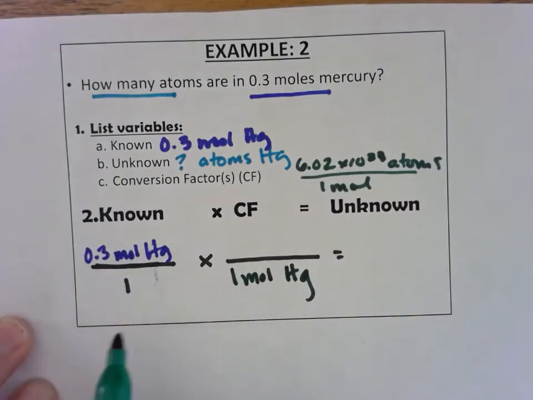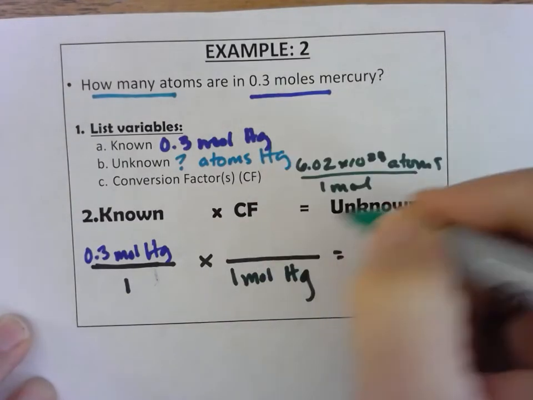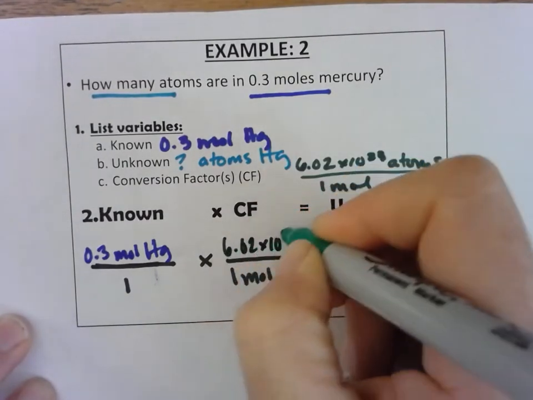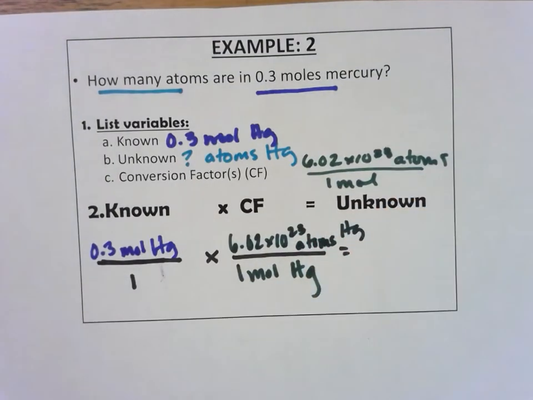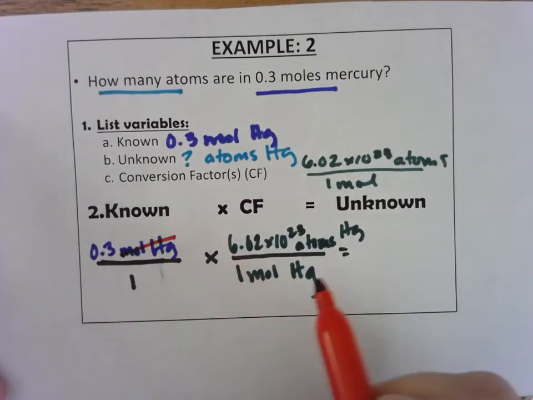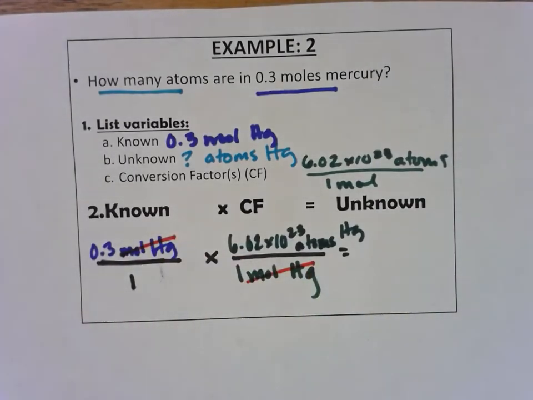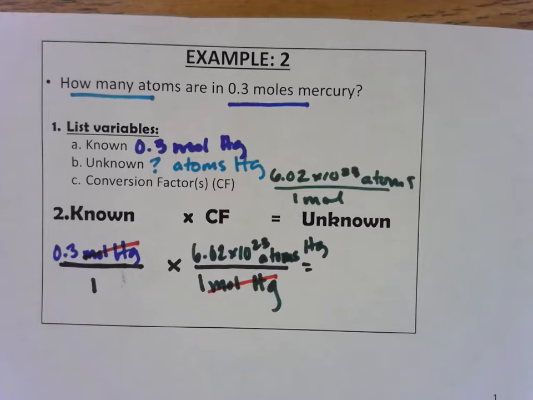Do notice that I deal with the unit I'm starting with, or whatever like term I want to cancel first, because if I can place that in the correct place, I'm left with one spot, and I have one thing left over, and I can just fill it in. Atoms, Hg. Now I'm going to cancel out my like terms. Now in one-step problems, it might seem a bit silly to cancel out like terms, but pretty soon you'll be doing multi-step problems, and it's very helpful if you cancel them out.